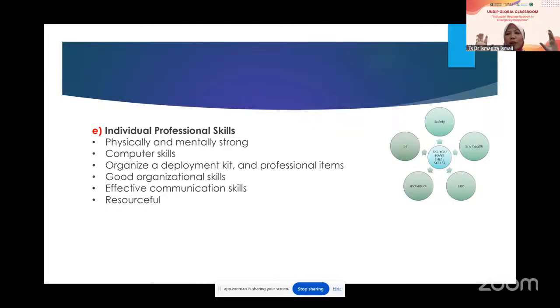They don't bother about theories anymore. All they want to know is that they are safe. So it's very important for you to have all these qualities, all these five qualities, which is IH, safety skill, environmental health, ERP, and also individual professional skills. Got it?